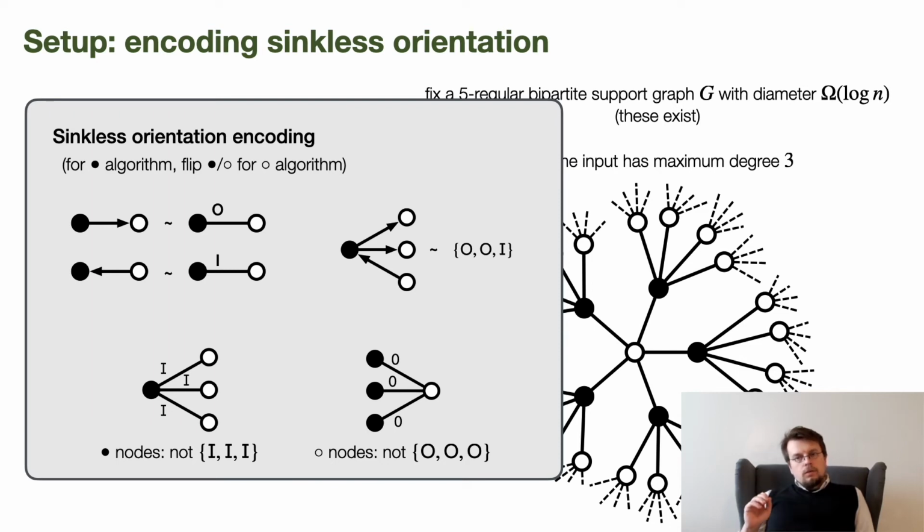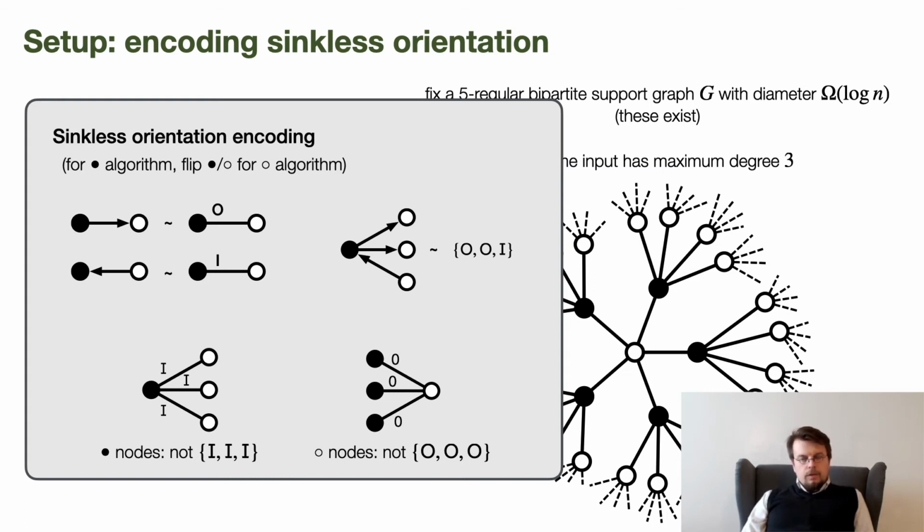So if a node orients an incident edge out from it, it will output O for that edge, and if it's directed into the node, it will output I on the edge. So we can think about the output of a node as a multiset.